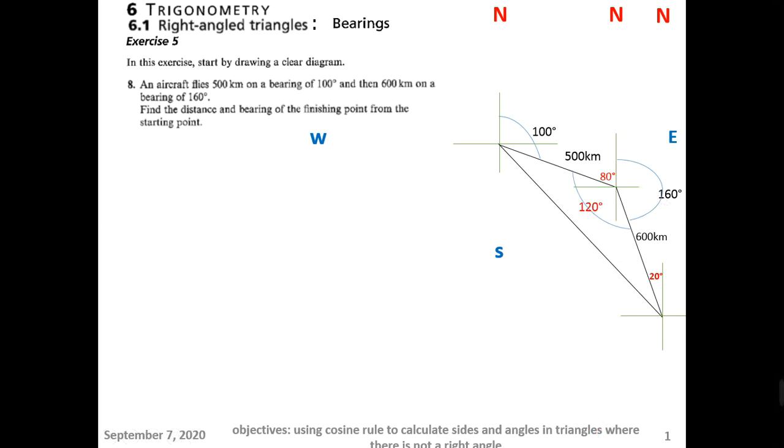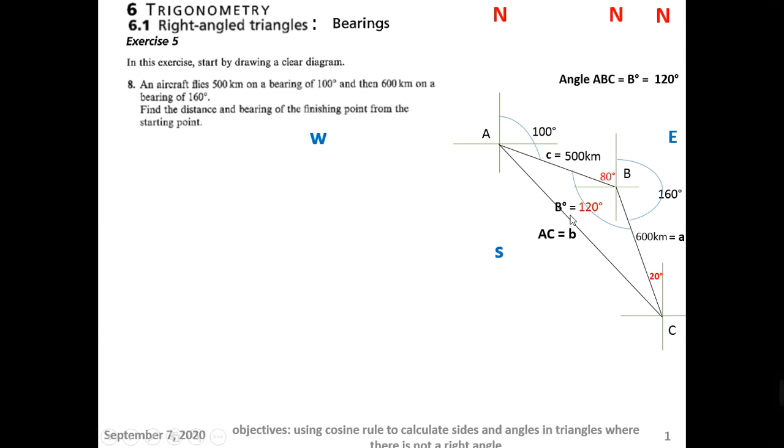Now, name each corner in this triangle as A, B, and C. Each angle carries the capital letter, and the side that is opposite to the angle carries the small letter as follows. Angle ABC, which we're going to call angle capital B, is actually equal to 120.